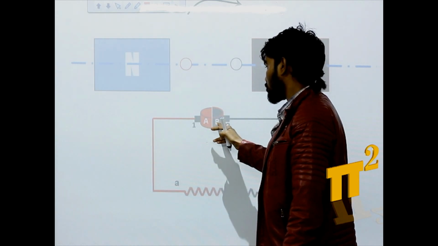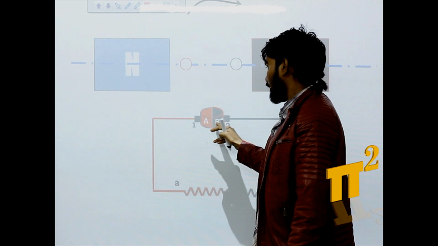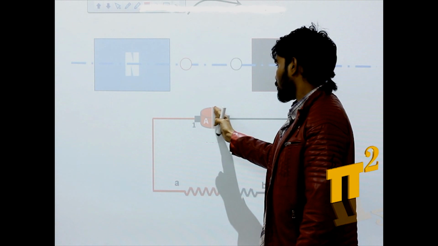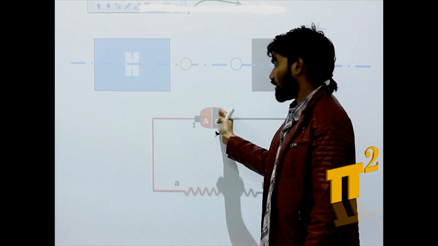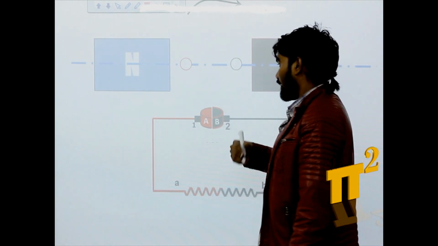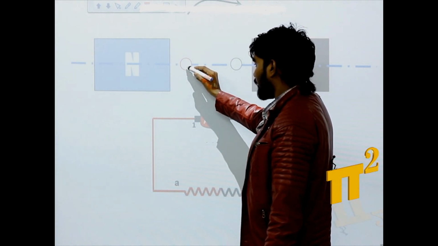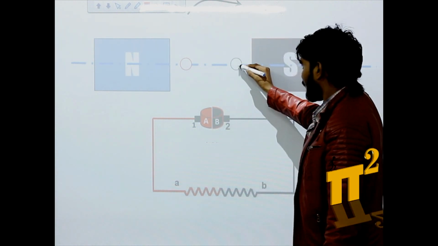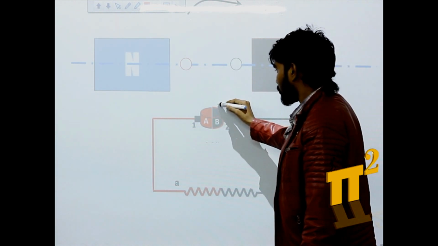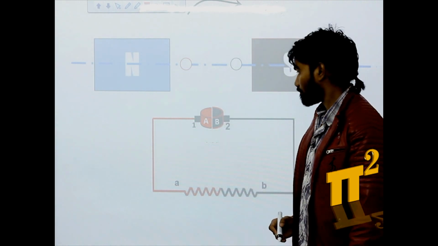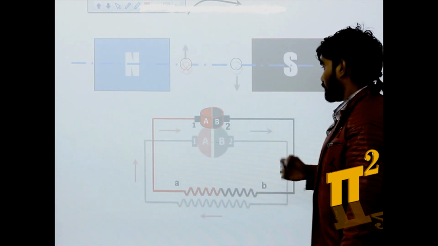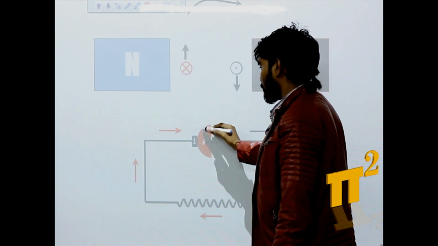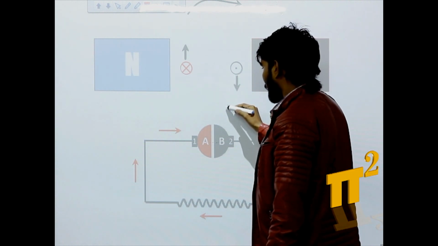So these two are electrically separated. And as usual this red conductor is always in connection with this red part, this black slip ring is always in connection with this black part. Now the same in 2D form, this is always in connection with this.